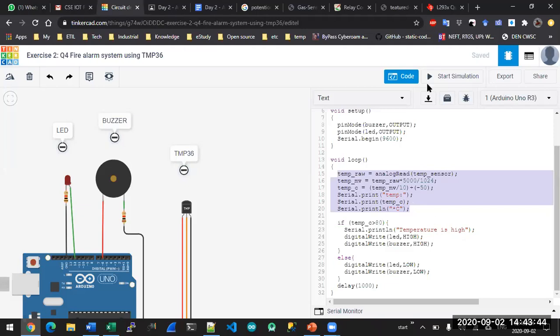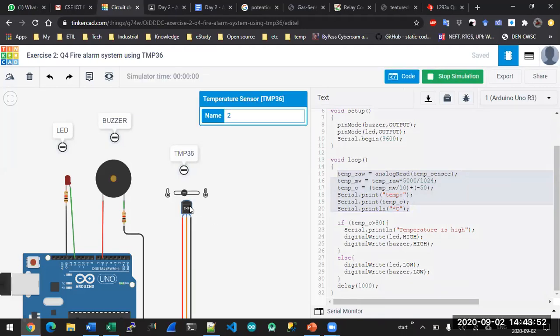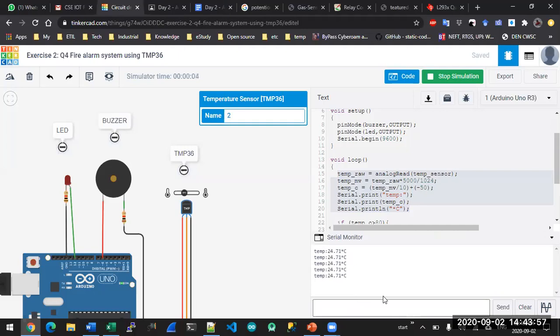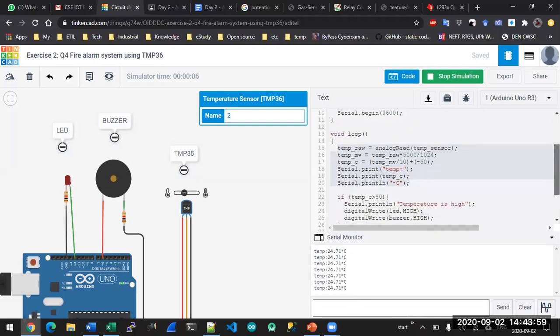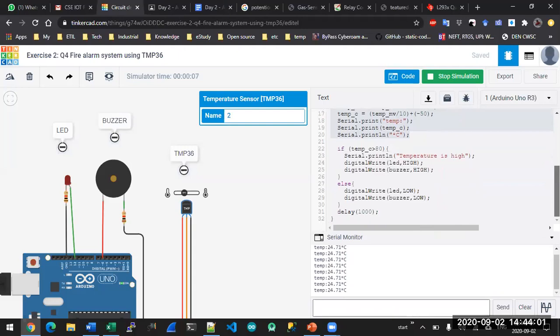So we will just open the simulation. Now start simulation. So you can see the temperature is currently 24.71. Okay. So we have checked the temperature condition as greater than 80. You can take any other limit also.